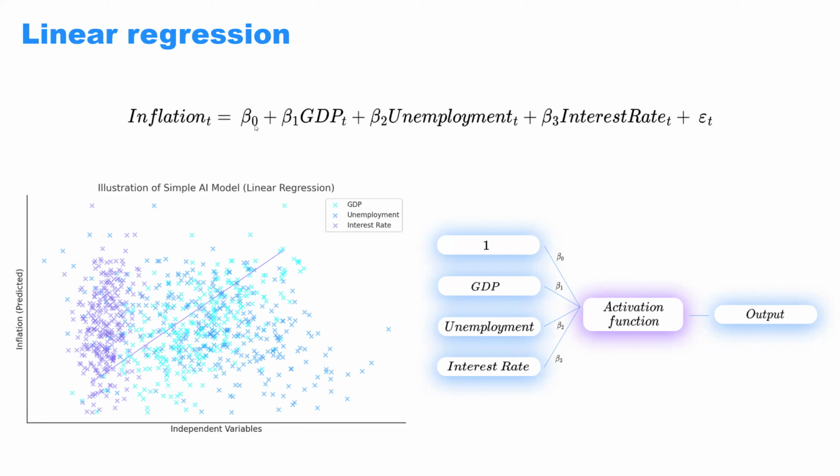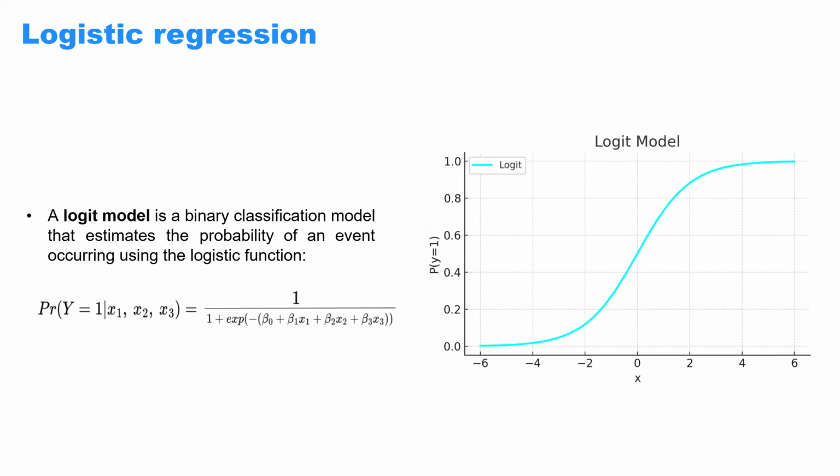Our weights are B0, B1, B2, B3, and this is our result. We can use any activation function if we want to deform our result. Like in logistic regression, we use the sigmoid function that deforms our result from the field of continuous values into the field of 0 to 1.